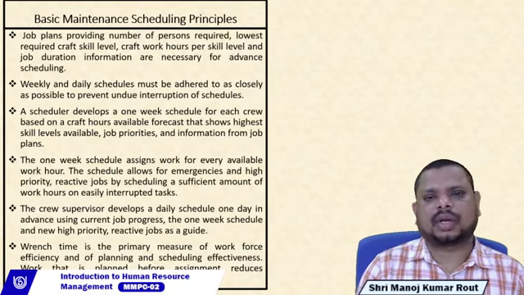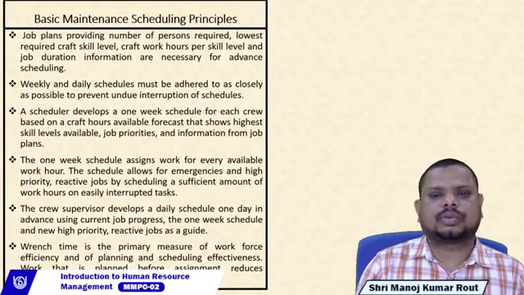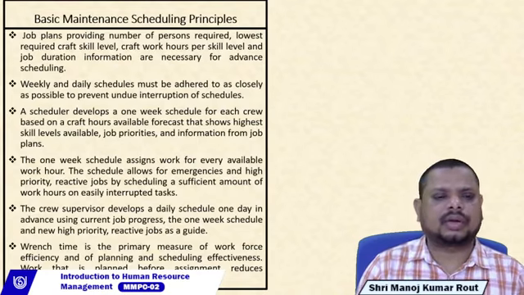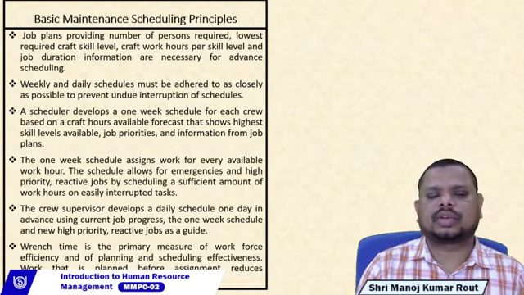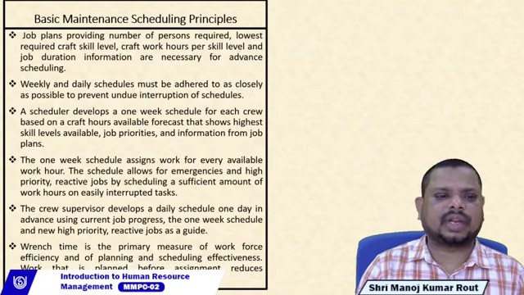The next important part is you have to consider the duration of tasks. Then you have to implement weekly schedules and daily schedules. In that case, you have to assign the skill level availability and which job is given priority, and that information should be included in your maintenance schedules.